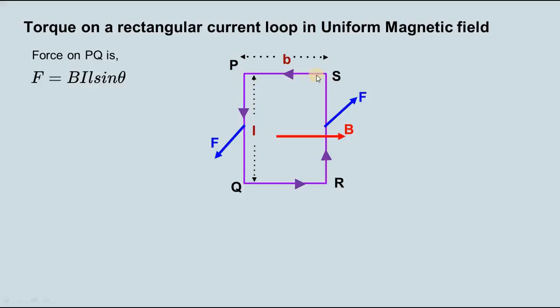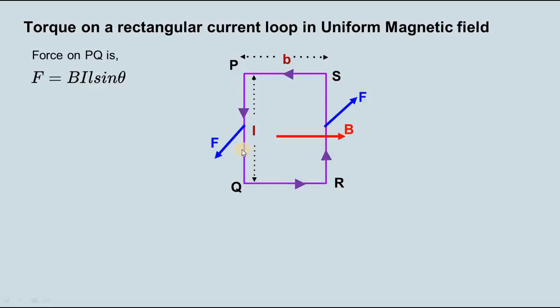We know a current carrying conductor placed in a magnetic field experiences a force. The force on PQ is given by F equal to BIL sin theta. Here, theta is the angle between magnetic field and the direction of current.